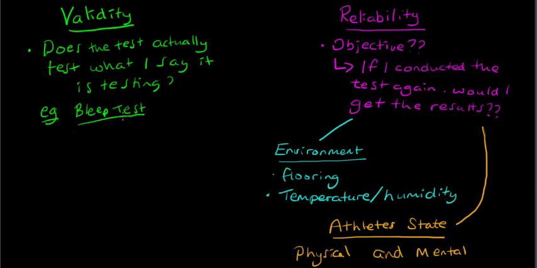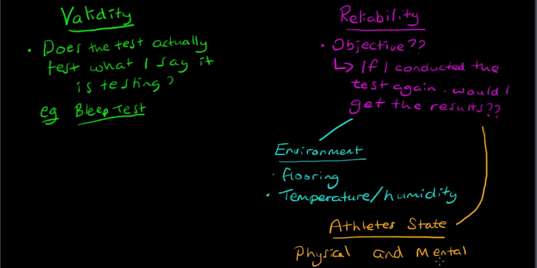If we go back to our idea of the bleep test, if I did that at different times of the day, maybe I did it just after the athlete's eaten breakfast, they'd have a full stomach, perhaps they wouldn't want to be doing a lot of running. What if I did it when they hadn't eaten anything at all? How would the test results differ? Would they be reliable?